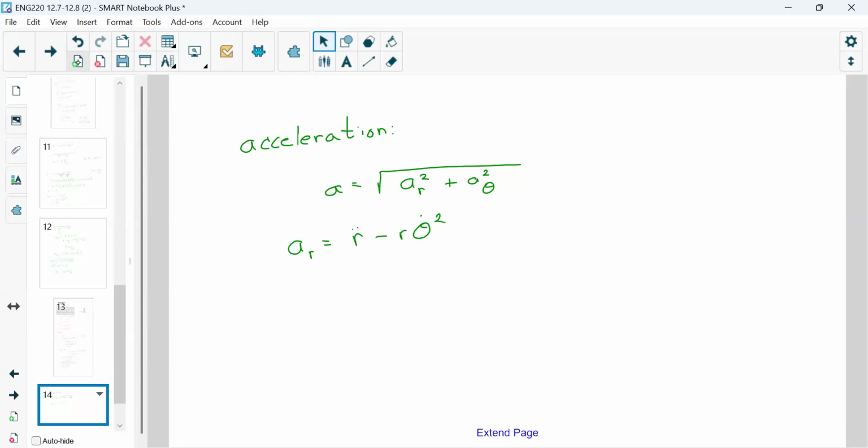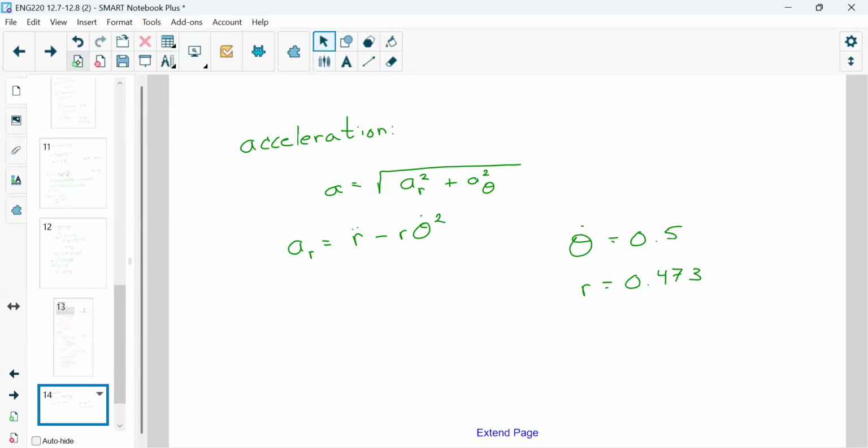So what have we found? We're given theta dot to be 0.5. We know r is 0.473. Okay, so we need to find r double dot.